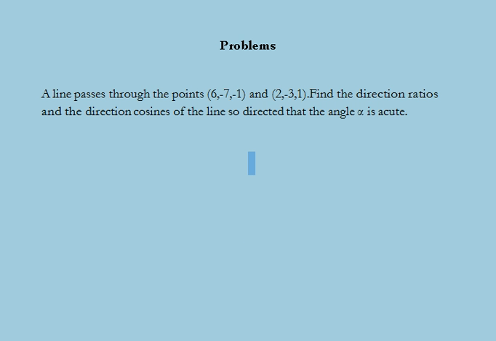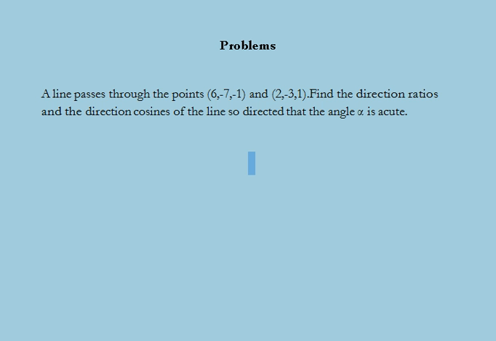Next, we are going to discuss a problem based on finding the direction cosines of a line joining two given points. The problem states that a line passes through two points, with the first point having the coordinates 6, -7, -1, and the second point having the coordinates 2, -3, 1.